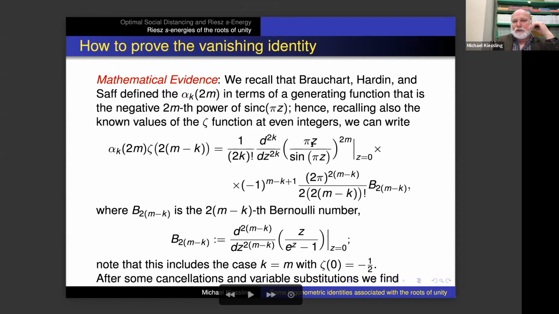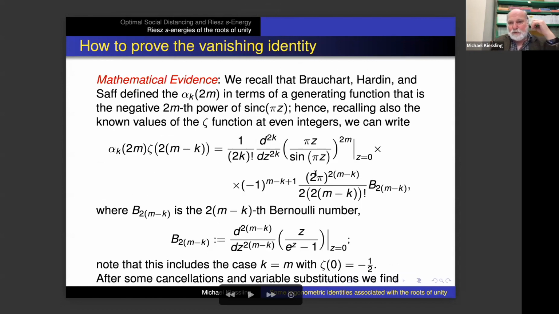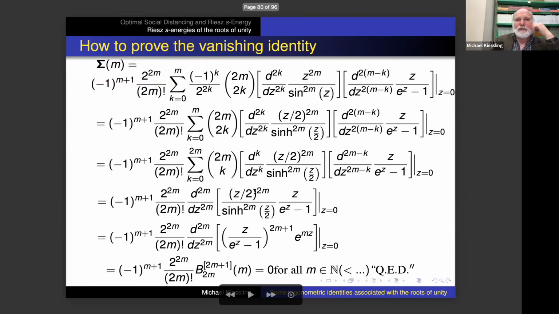Here is still a pi z, and you don't see a pi z anymore, because when you take a good look, there's also a pi here, right? And so you can imagine that by doing a change of variable that you can get rid of some factors pi, and indeed they are gone. And so that's the first step.